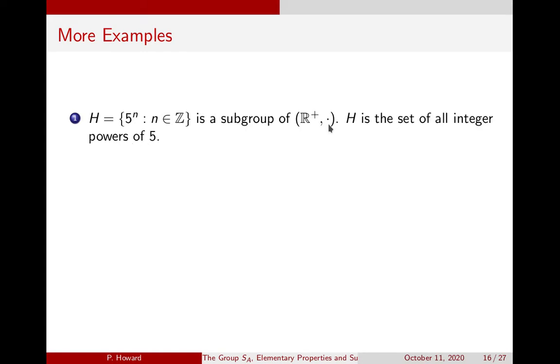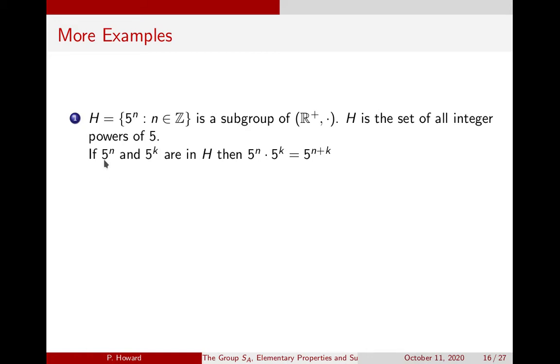So as I said, H is the set of all integer powers of 5. H is non-empty. That's pretty clear. And H is a subgroup of the set of positive real numbers. Every integer power of 5 is a positive real number.